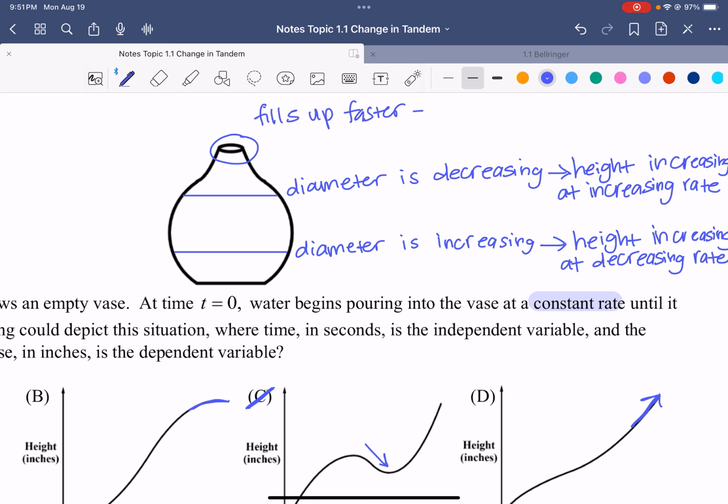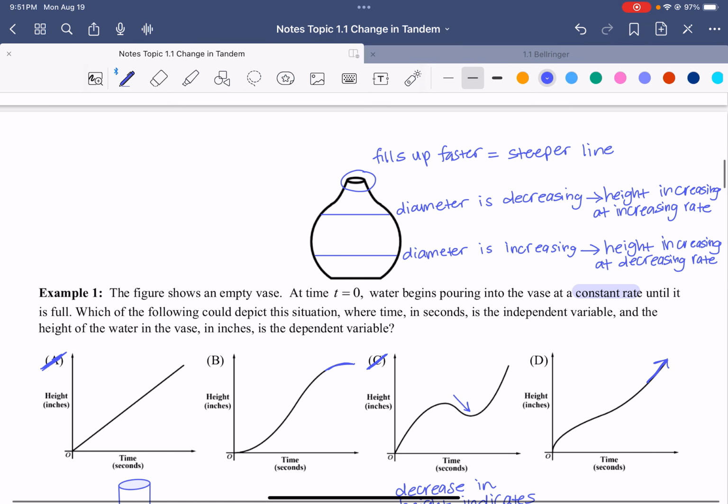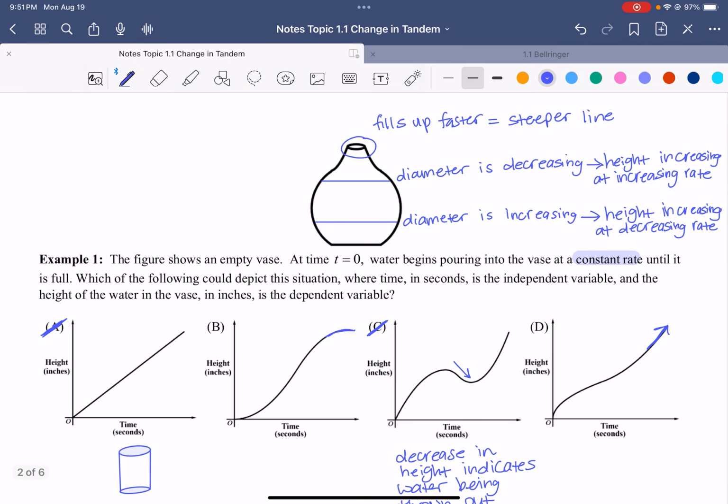So all of your graphs should be going up in direction because, again, the height of the water is increasing. But at the very top, it's going to fill up faster, meaning that your rate of change is bigger. So that should indicate a steeper line. Now, later on in this lesson, we're going to learn about concavity, when something is concave up or concave down.